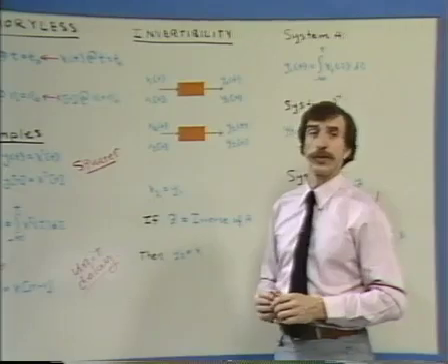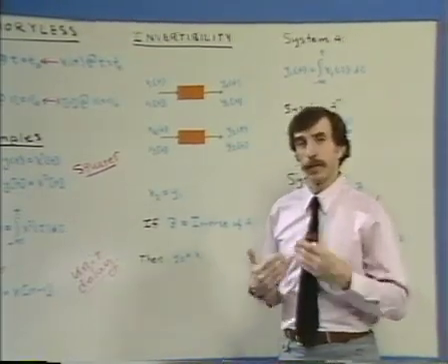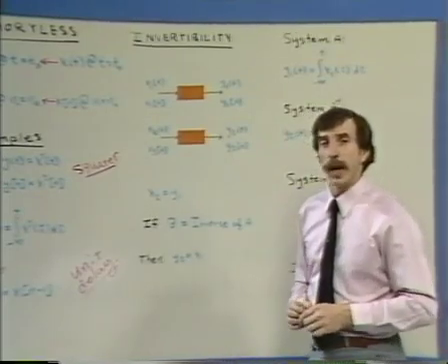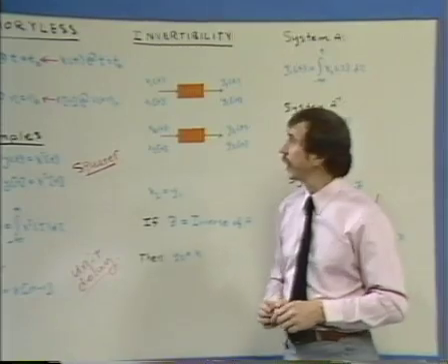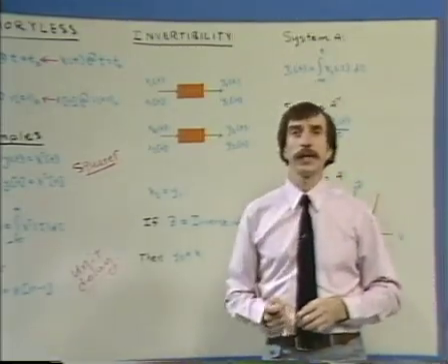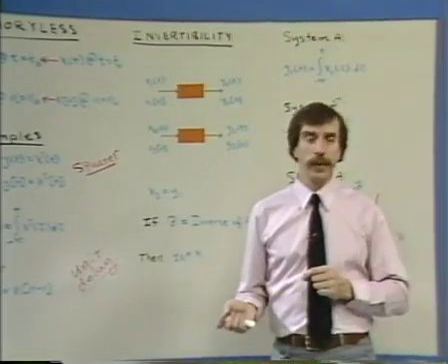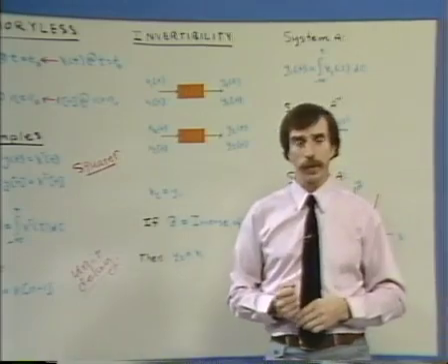Let's now turn to another property which a system may or may not have, the property referred to as invertibility. Now, essentially what invertibility means is that given the output of the system, you can figure out uniquely what the input was.